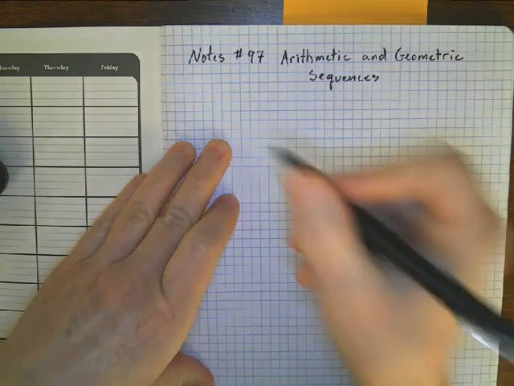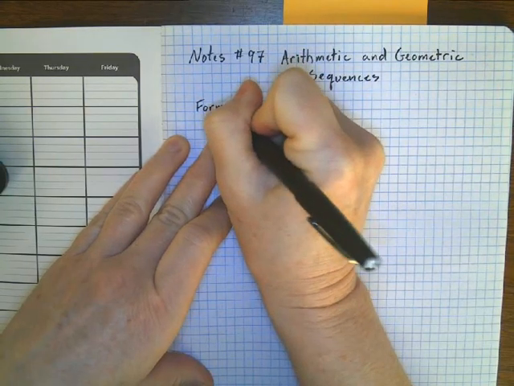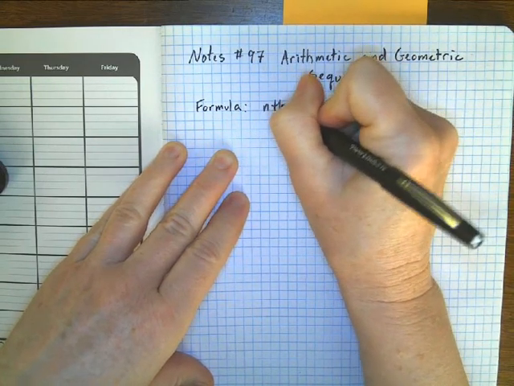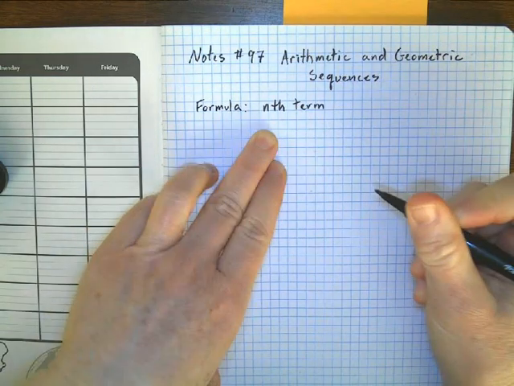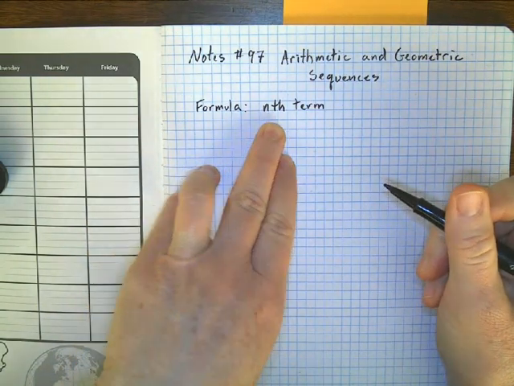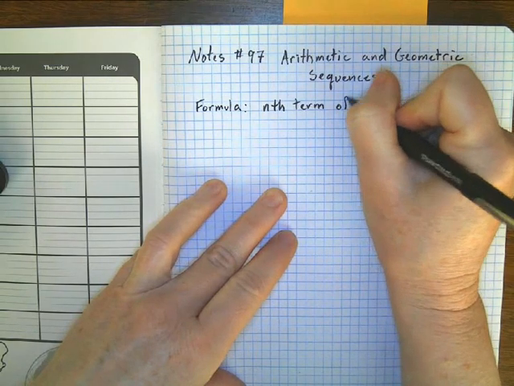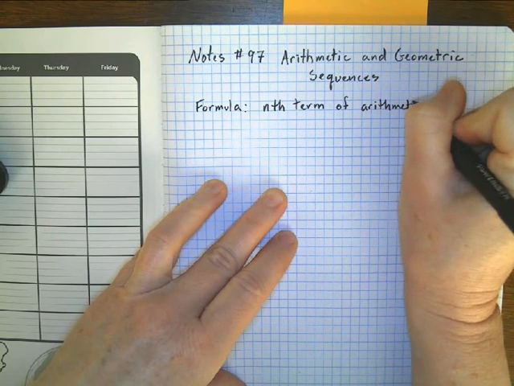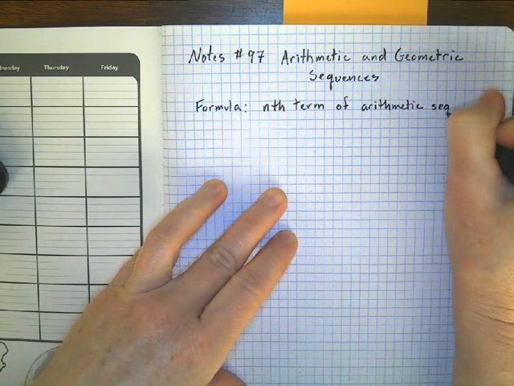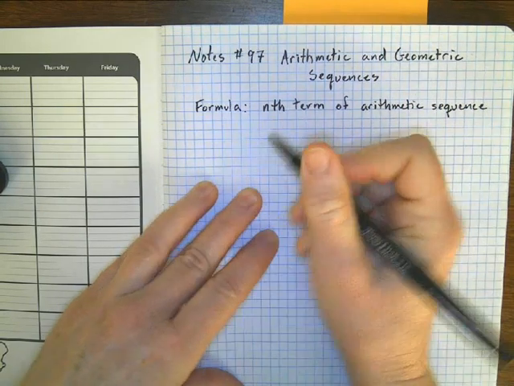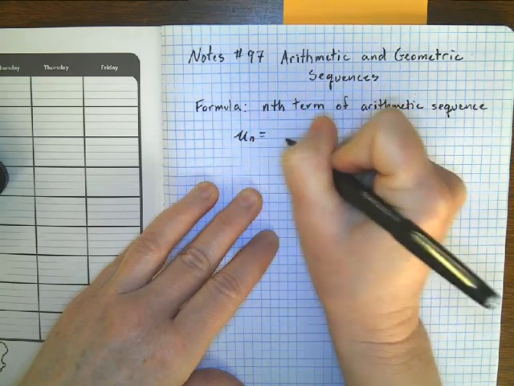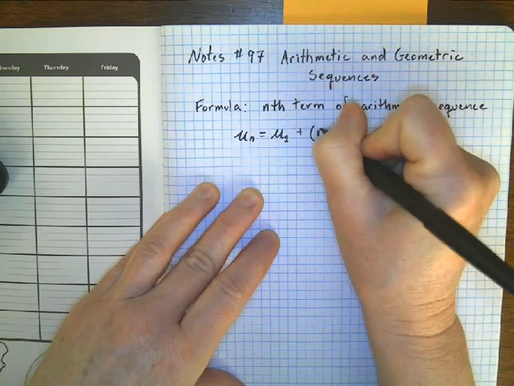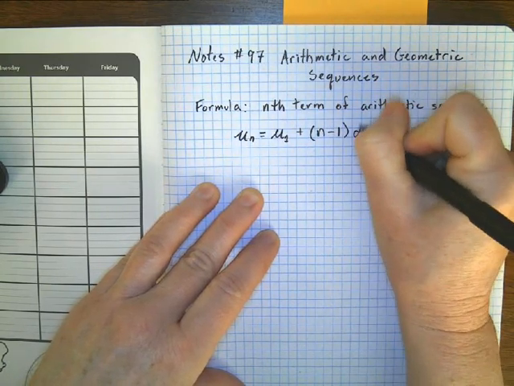To find the nth term, so whatever term you're interested in, maybe it's the 5th, maybe it's the 10th, maybe it's the 200th, whatever, the nth term of an arithmetic sequence, we have the formula u sub n is equal to u sub 1, plus the term number minus 1 times d, which is the common difference.